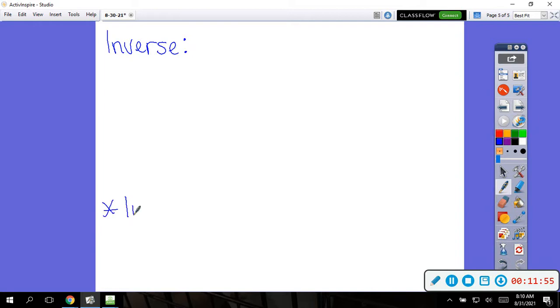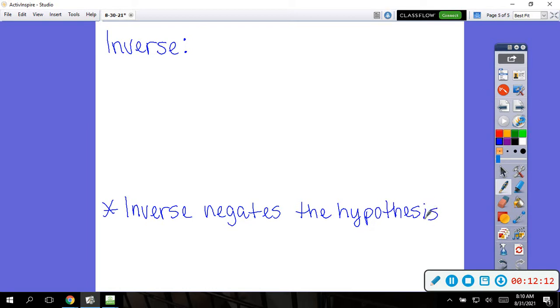So an inverse negates. So here's a word. Might be a new word, but I promise in a second you know what it means. Inverse negates the hypothesis and conclusion. So it's kind of a silly way I remember it, but negates starts with an N. And even though this doesn't start with an N, what's the first thing you say when you read the word?